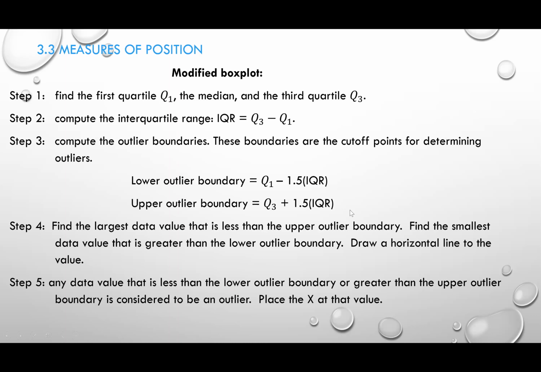The next thing, and the last thing we have, is the box plot. For this author, he used a modified box plot. The only difference between a modified box plot and the regular box plot is that in a modified box plot, we have outliers. An outlier is an extreme value beyond your boundary.